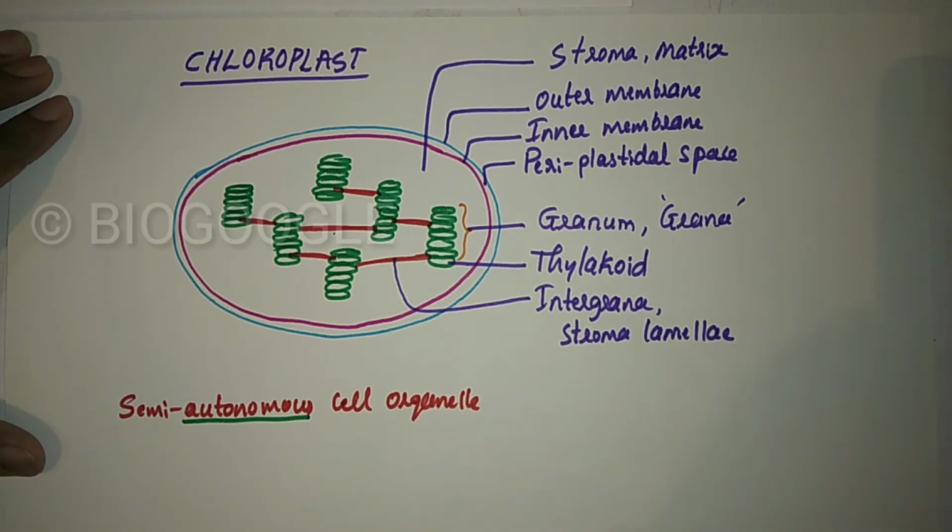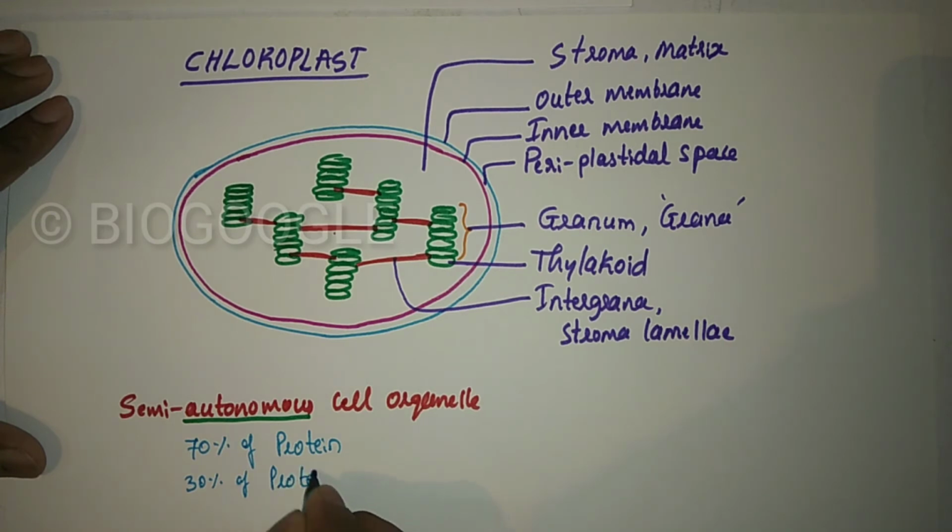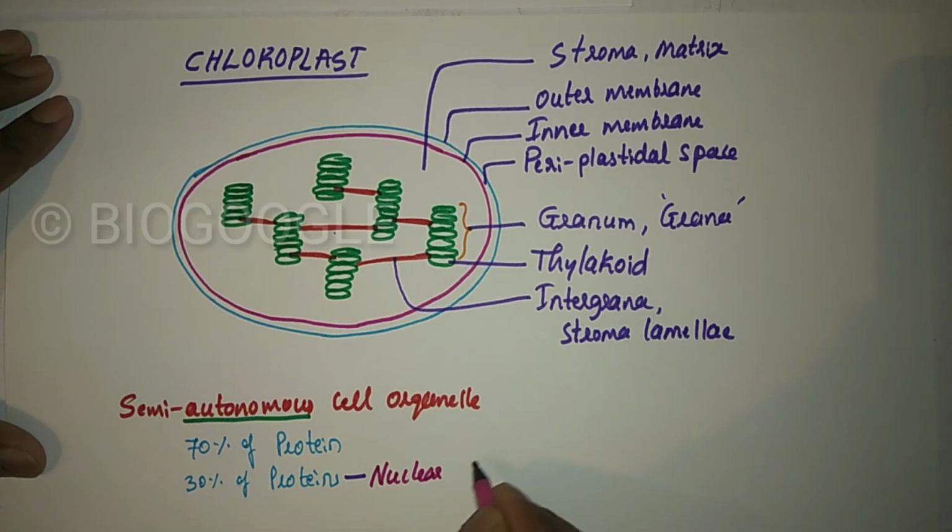But the chloroplast can synthesize only about 70% of proteins, and for the other 30% of the proteins, the chloroplast depends upon the nuclear DNA, meaning the nucleus present inside the cytoplasm.